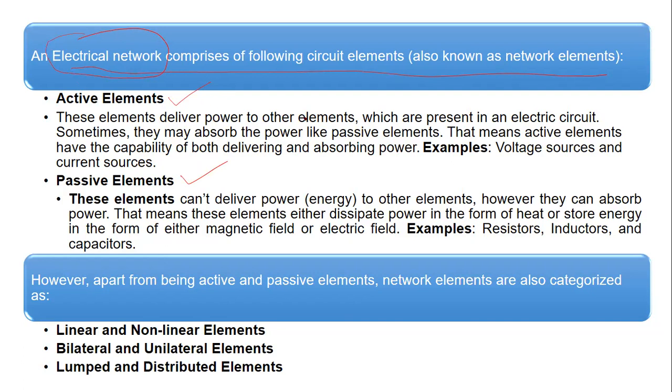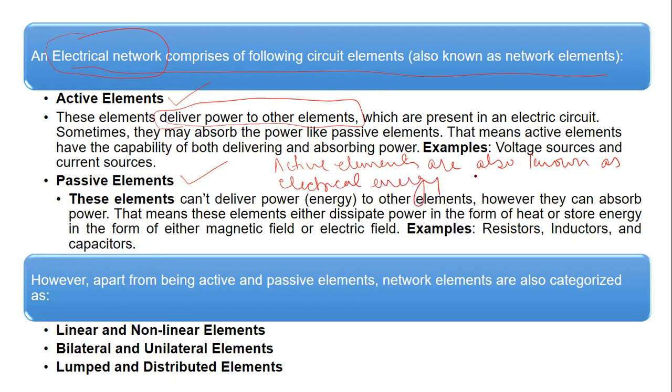Now, what are active elements? Active elements are those elements which deliver power to the other elements. In a very general statement, we can say that active elements are also known as electrical energy sources.